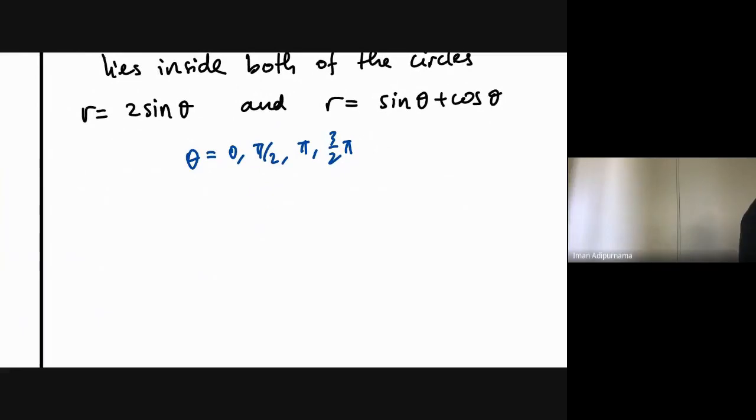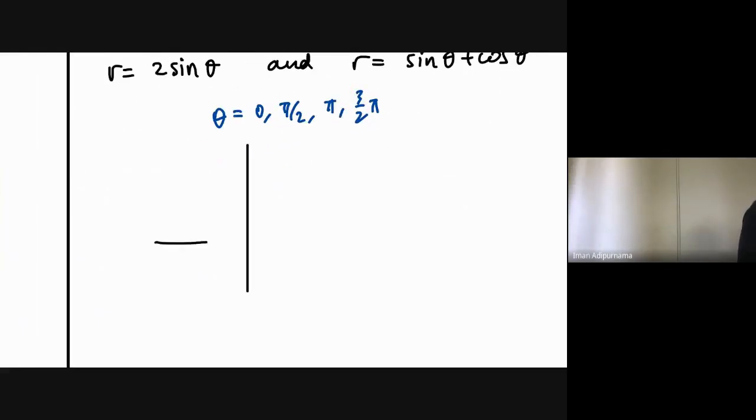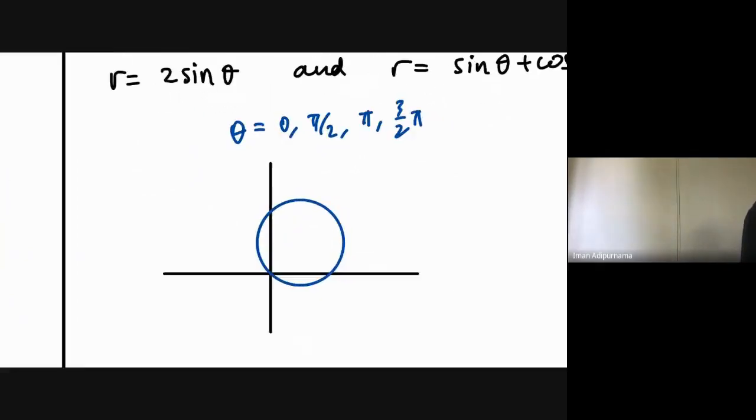Now you can draw the circle. Okay, maybe like that. And the second one, the circle, is 2 sine theta.